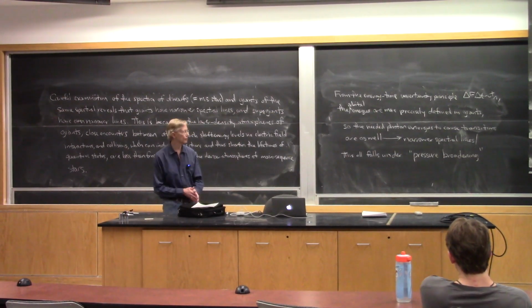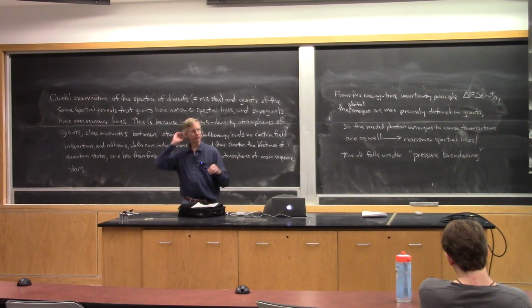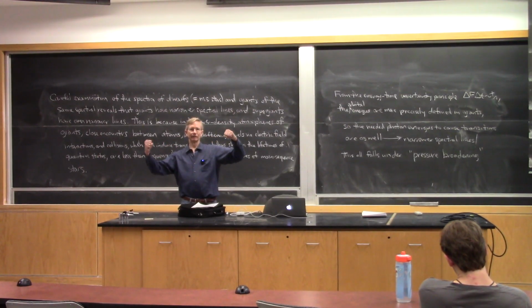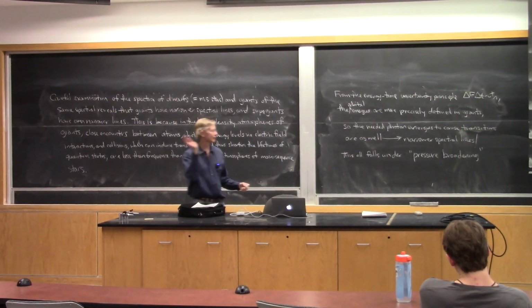So this gets called pressure broadening. It also gets called collisional broadening. And on some level, pressure broadening is about the close encounters, and collisional broadening is about the collisions. So I think I'll say that.